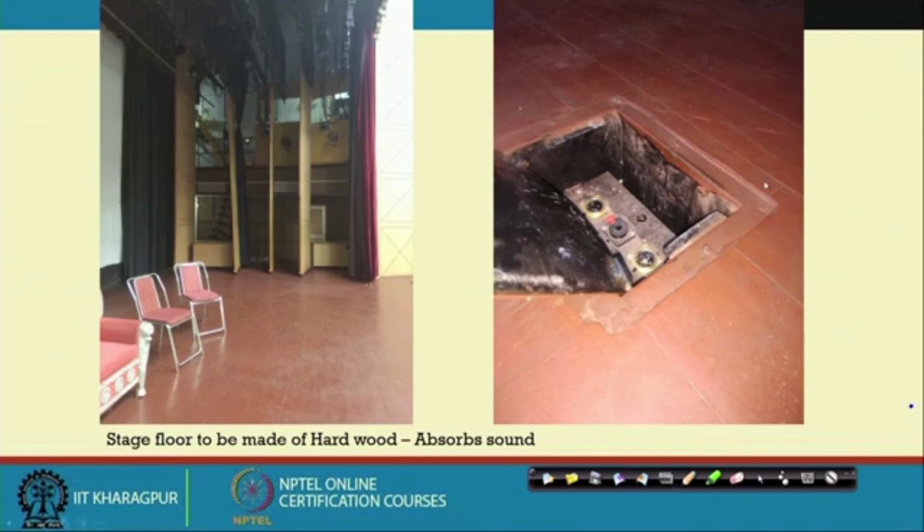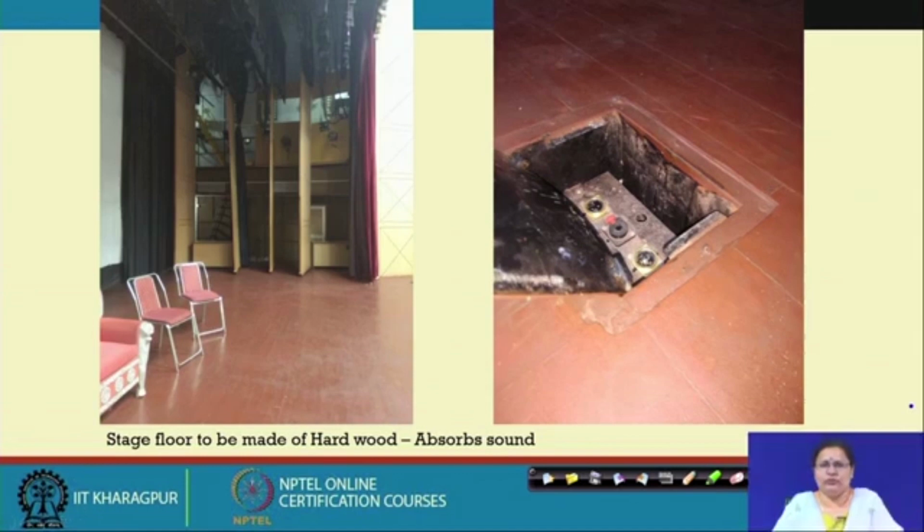So, the battens are fixed on top of the structural floor with a structural wooden framework that absorbs sound and gives a good quality of original sound, the performer's sound, towards the audience. So, unwanted sound is actually absorbed here.